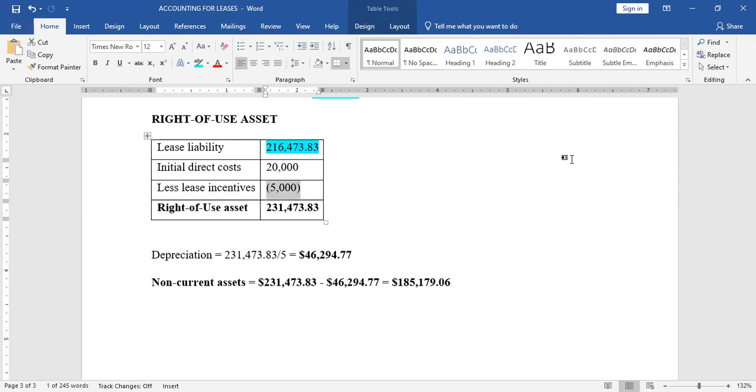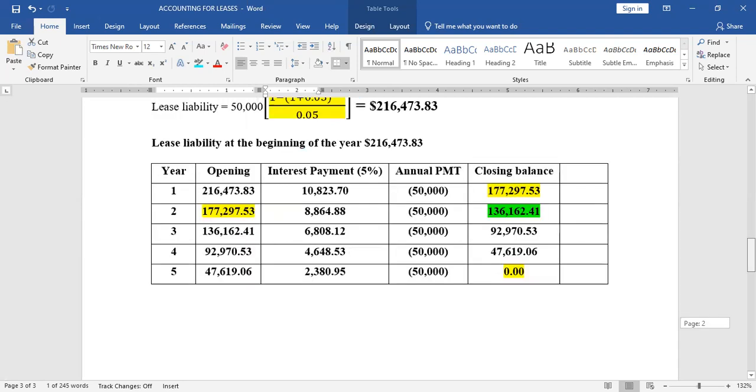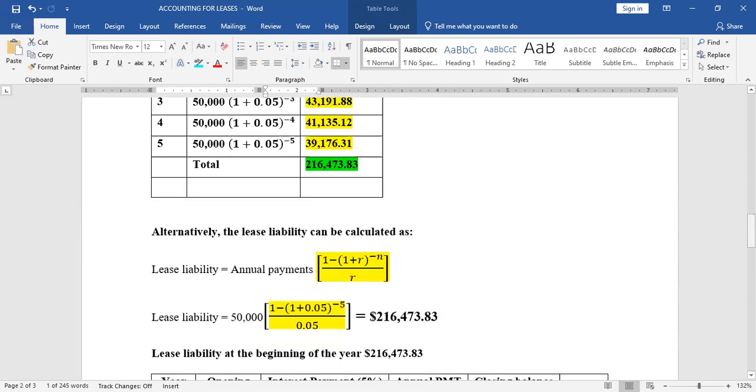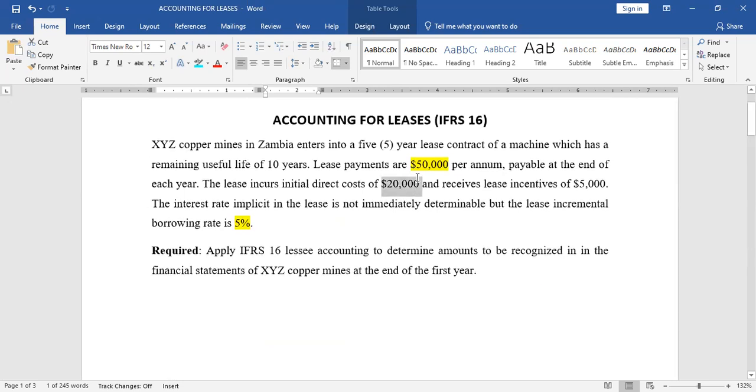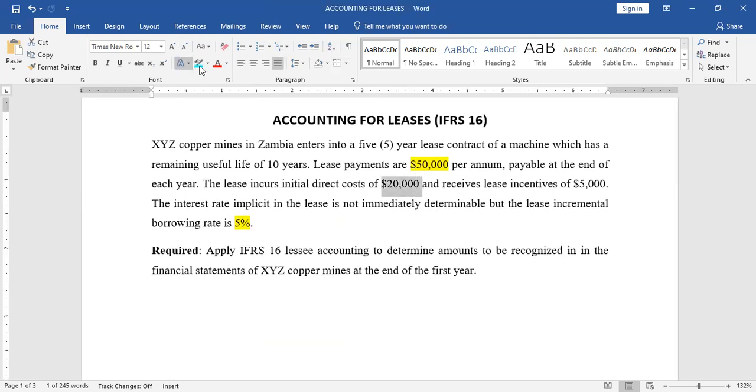So the lease liability we already calculated here, which is 216,473, plus any other cost, the direct cost which were incurred, which is the 20,000 here, minus lease incentives, will give us the right of use asset.